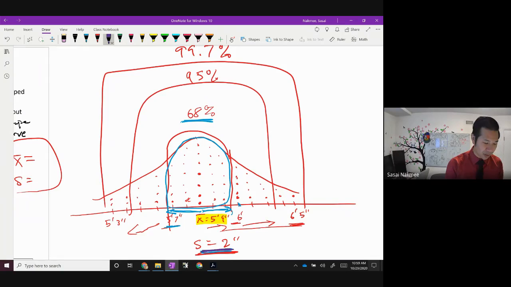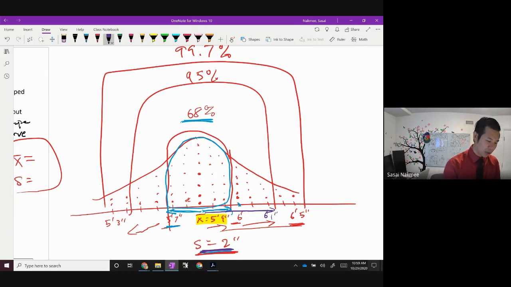If the standard deviation is 2 inches and you go 2 standard deviations out, so 5'9" plus 2 is 5'11". Add 2 more inches, and you go out here to 6 feet 1 inch. I think I'm doing the math wrong.